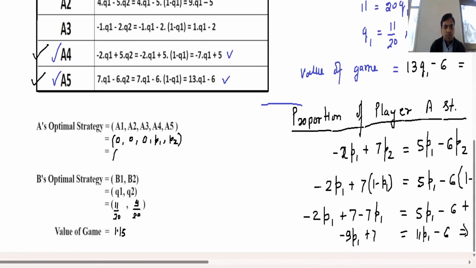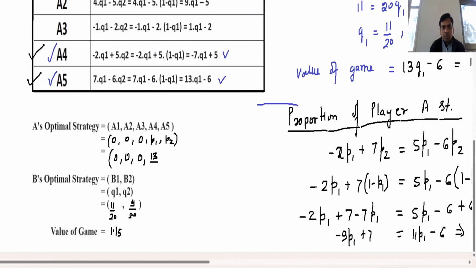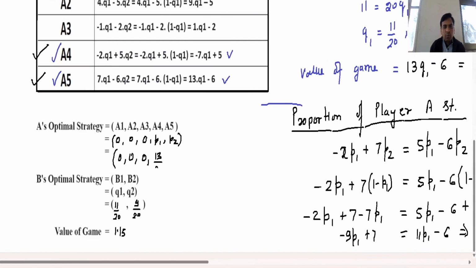The first is 0, second is 0, third is 0, then P1 equals 13 upon 20, and the second one is 7 upon 20. This is the proportion of strategies for player A, this is for player B, and this is the value of the game. So this is the final answer of this question.